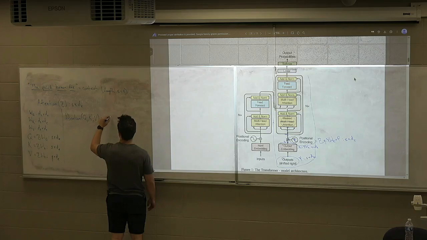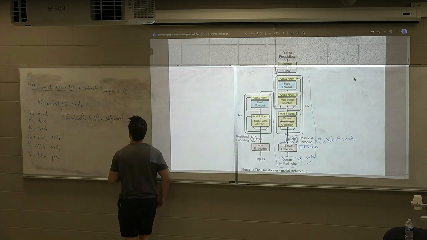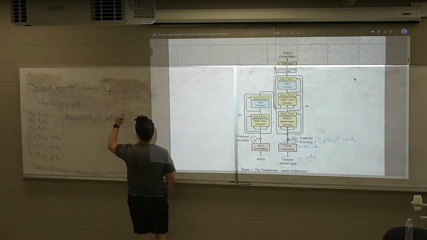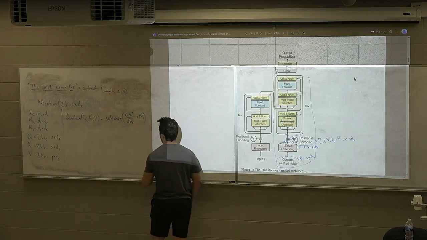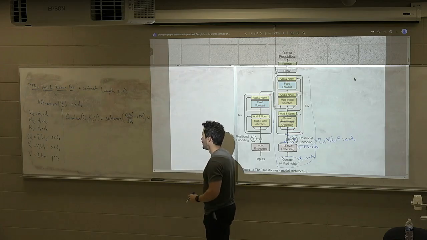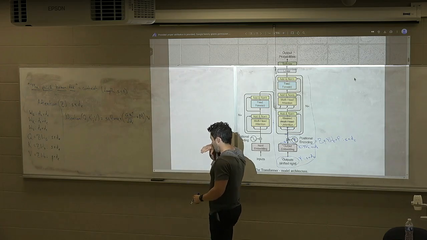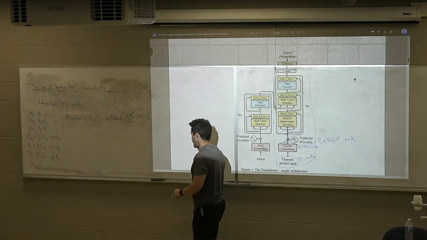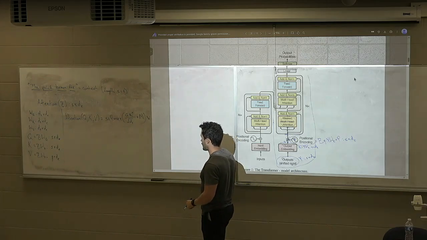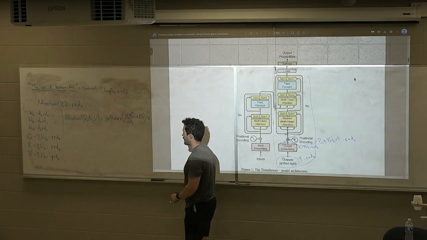It's a softmax of Q K transpose, divided by the square root of DE, plus M, which is a matrix I haven't defined yet, times V. Okay. So this is hard to understand. It's not very clear what's going on.